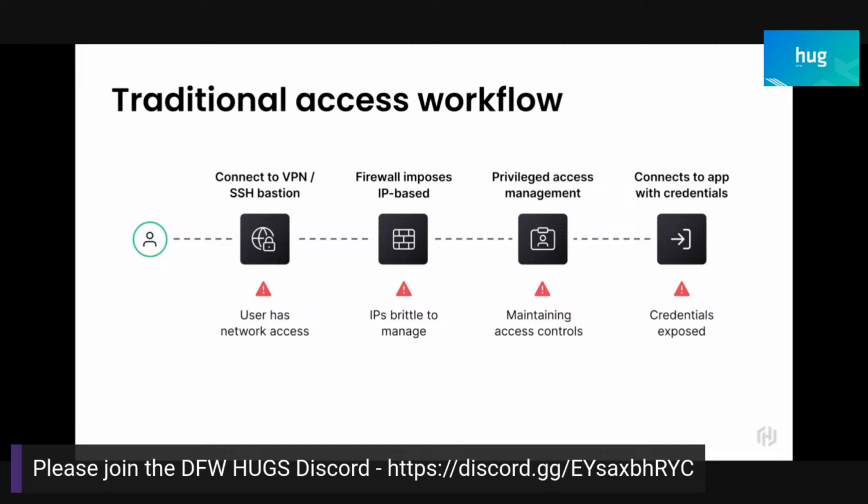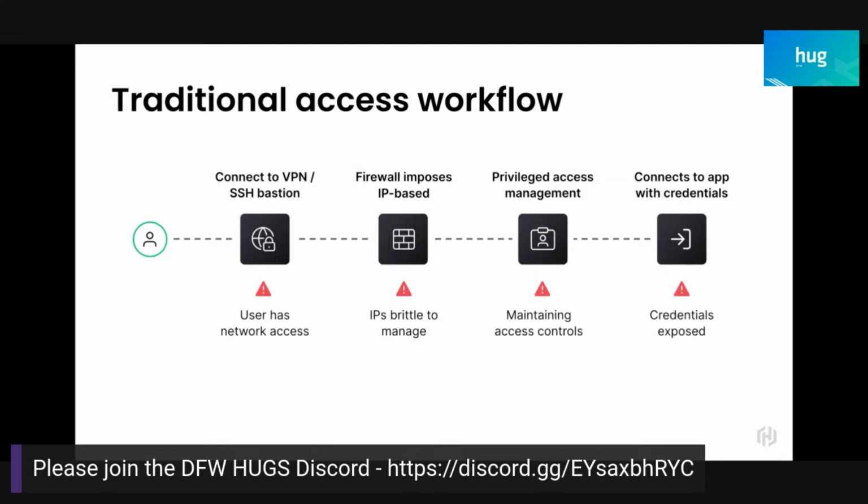Onboarding and offboarding employees manually is time consuming and prone to errors. Using a VPN increases the attack surface by exposing the entire network to users. Firewalls must be placed in front of those target hosts, but they operate on IP and port identities, which doesn't scale in dynamic infrastructures, right?